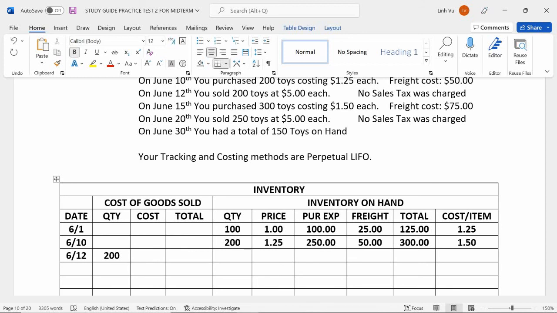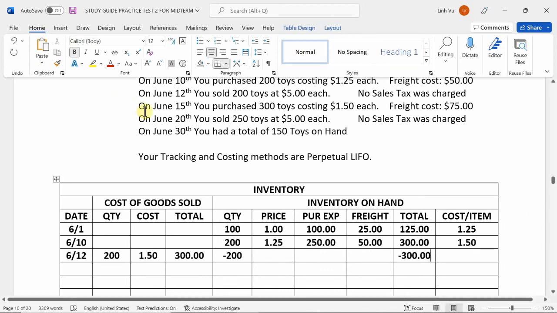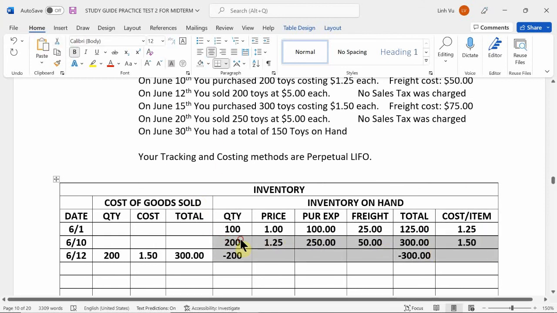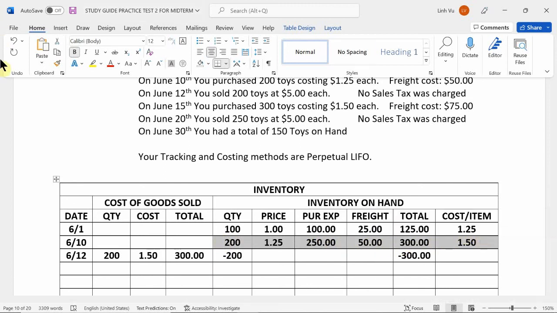So 200 units at $1.50 is going to give me a total of 300. So therefore, you can subtract that out, and I will give you 0 out for that one. Okay? So that means I only have this one batch of inventory left, this 100 units.